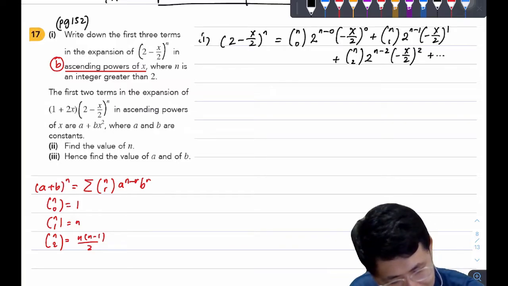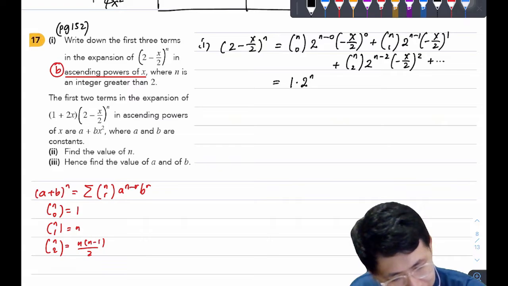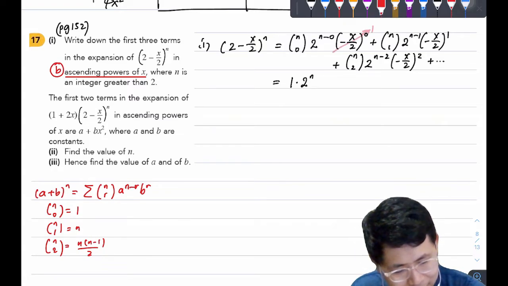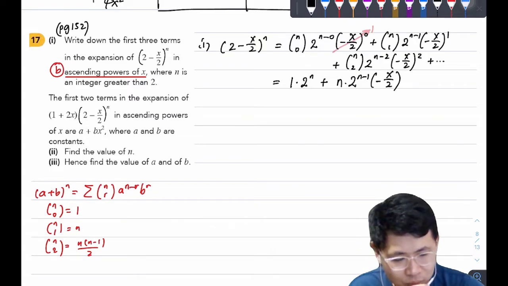So over here we have n choose 0. So n choose 0 is 1. 2 to the power of n minus 0 is 2 to the power of n. And then this one, anything to the power of 0 is 1. Okay, the next one over here, plus n choose 1 is n times 2 to the power of n minus 1 times negative x over 2 to the power 1.